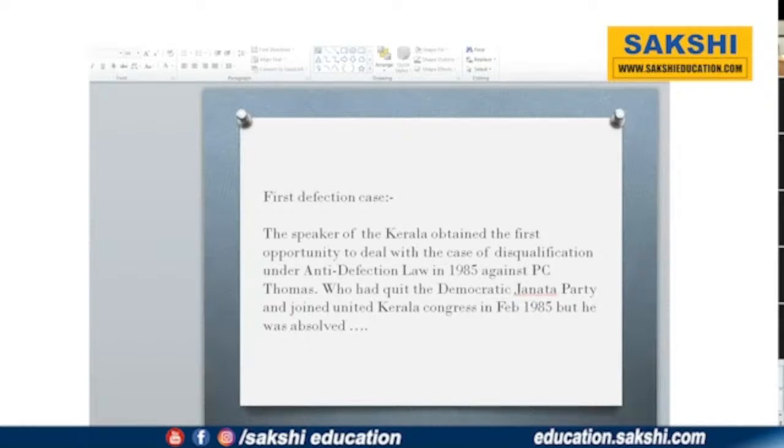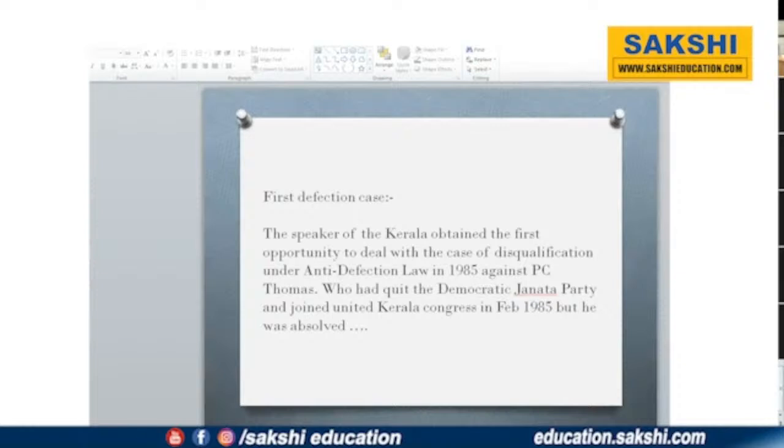So this act was committed by PC Thomas in February 1985, while the act came into force on the 1st of March 1985, and this change of affiliation happened in February 1985.